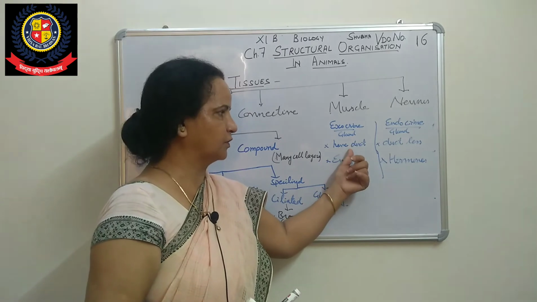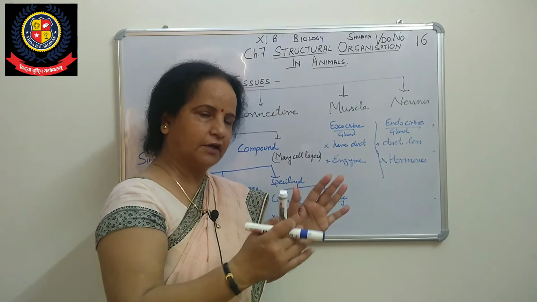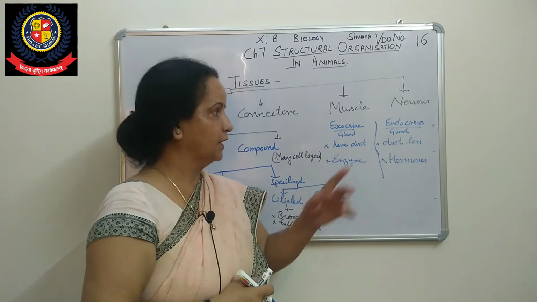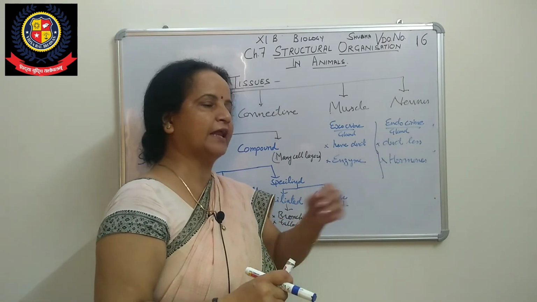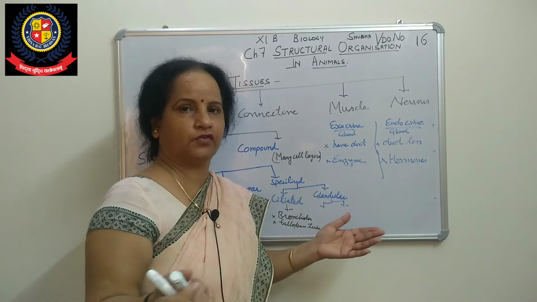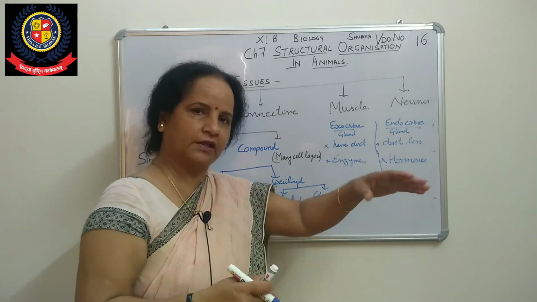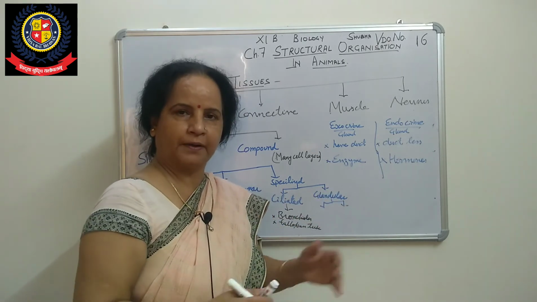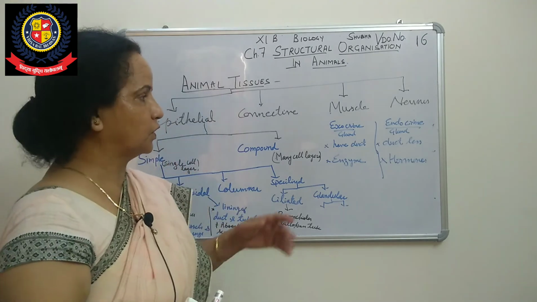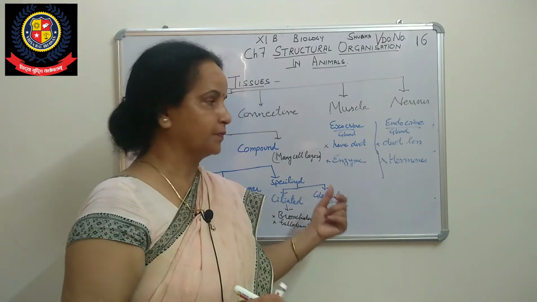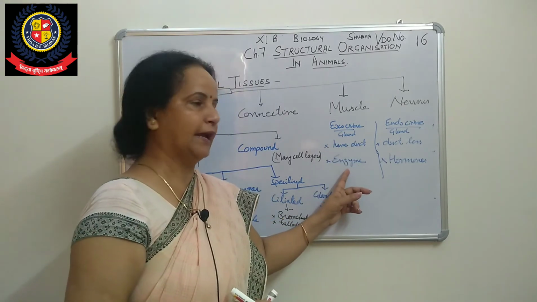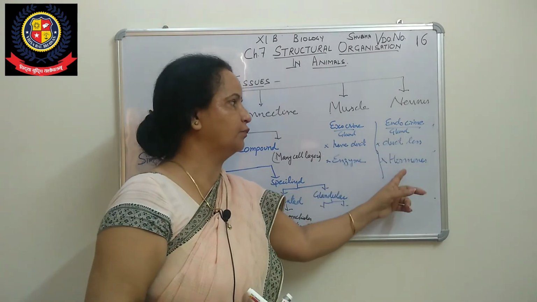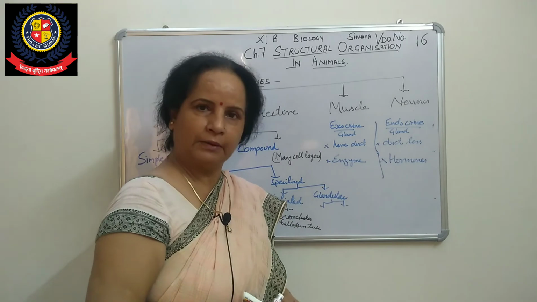Exocrine glands pour through a duct. Ductless glands pour directly into body parts and organs, which is open secretion. The secretion of exocrine glands is called enzyme and of endocrine glands is called hormones.